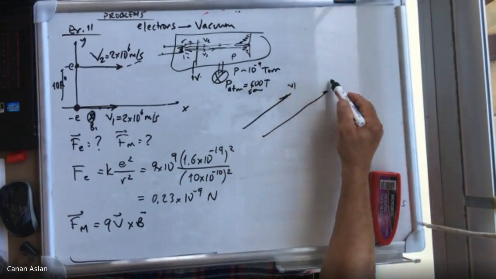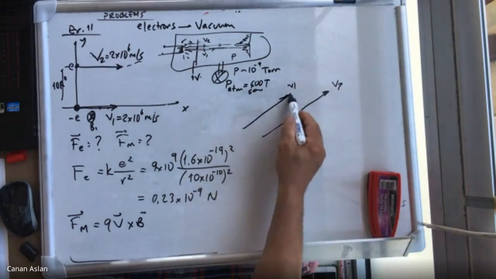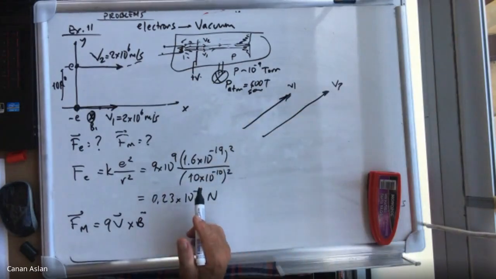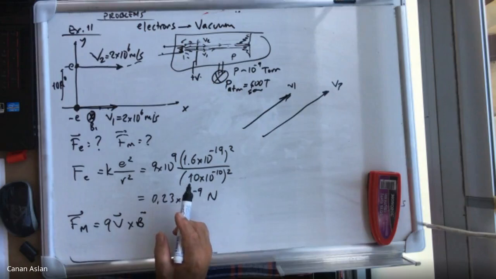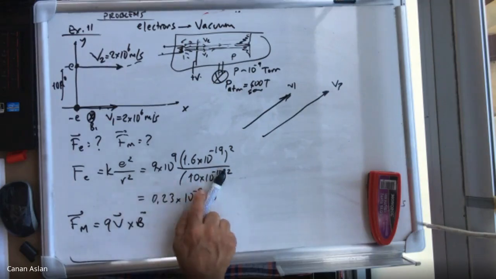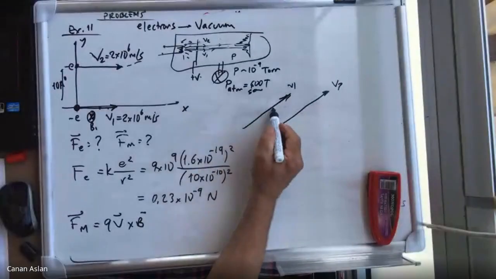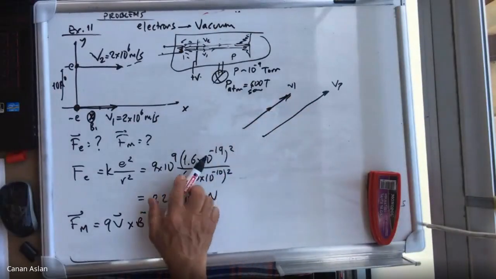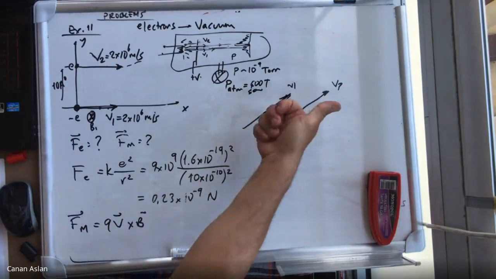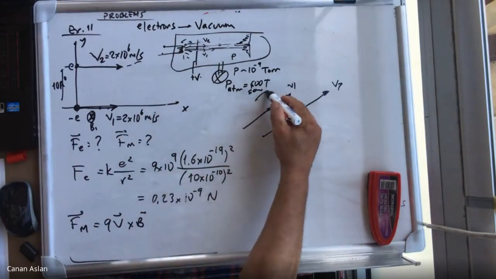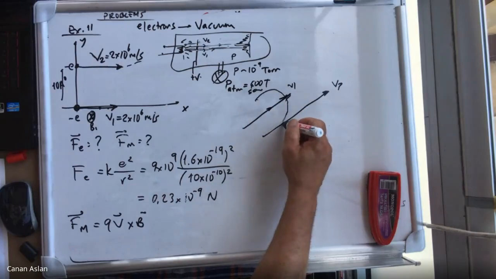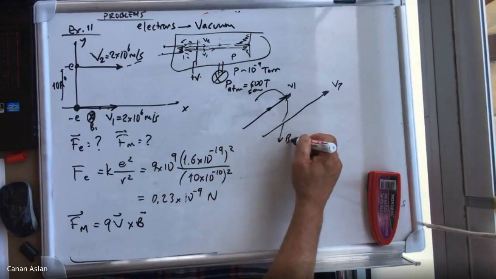So this is V1 and this is V2, as you see. By using the right-hand rule, if the electrons are producing some kind of current, it will create the magnetic field downward, B1, and now B1 is this way.